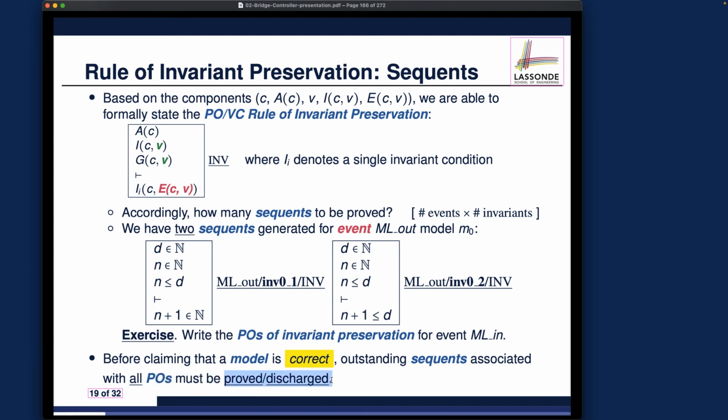That will be the idea of applying inference rules, which we'll start talking about in the next part. But you should really know that once we have systematically generated all the sequents corresponding to the proof obligation rule, the goal will be to discharge or prove all of them. Otherwise, you cannot claim that your model is correct. That's really important to notice. All right, so starting from the next part, we'll talk about how we can actually prove or discharge the sequents.